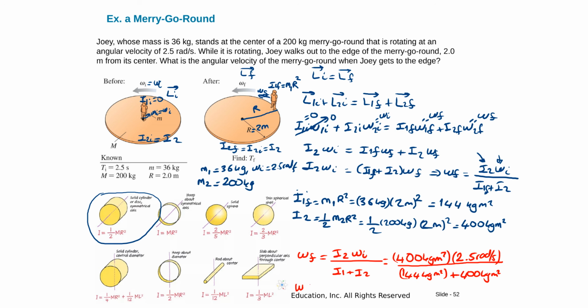So omega final from here will be 1.84 rad per second. He increased the moment of inertia. As the moment of inertia increases, angular velocity decreases. We found a smaller angular velocity, so that makes sense.